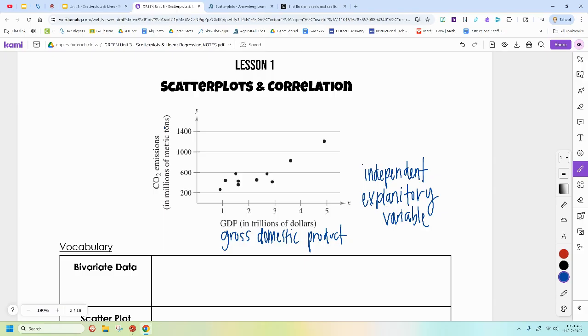And then the y-axis, which is another variable, it's not frequency. This is our dependent variable, often in science, that's what we call it, but we also call it the response variable.